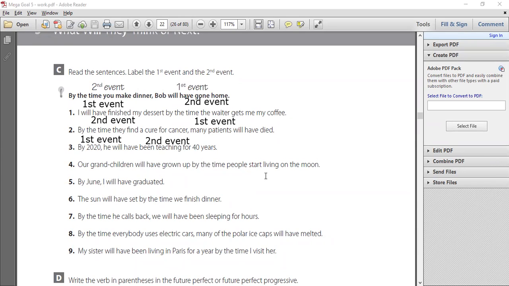The first event is by the time people start living on the moon. Yes, that is very correct. Thank you, Rahaf. The first event is by the time people start living on the moon, and what happened to our grandchildren is that they will have grown.